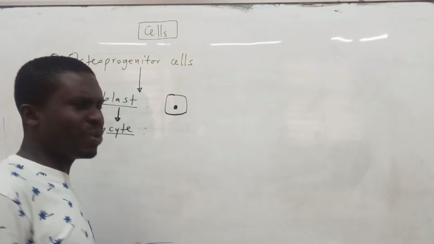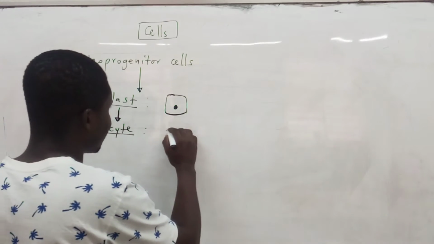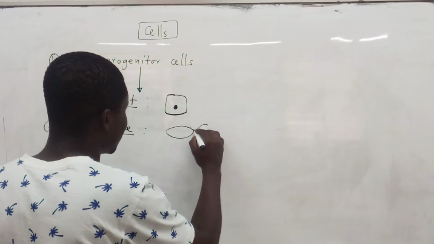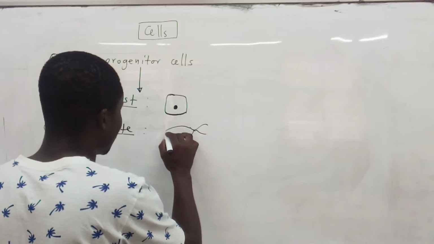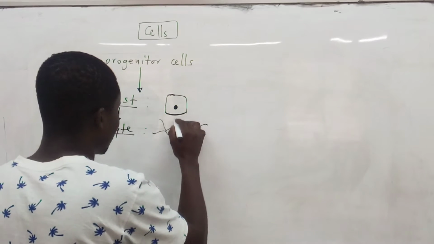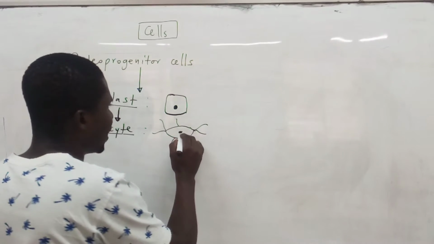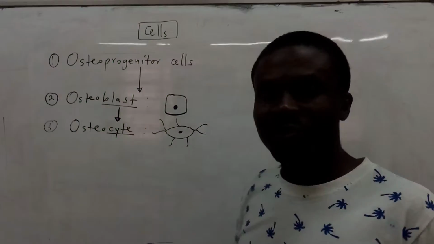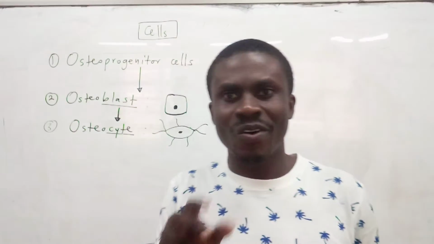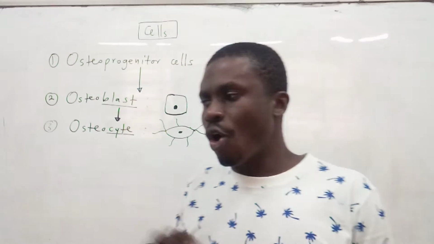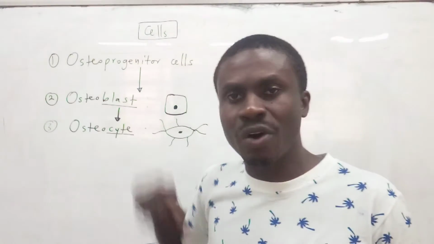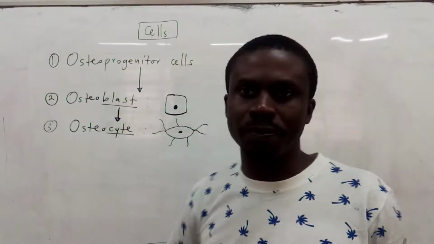But my friend, something happens. The shape changes. This time around, the cell becomes oval in shape. Osteocytes will change from the original cuboidal shape of the osteoblast to oval shape.